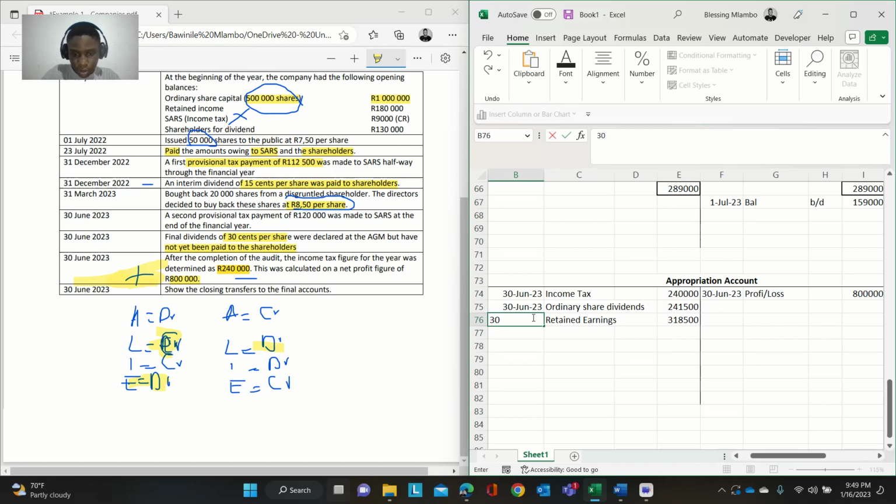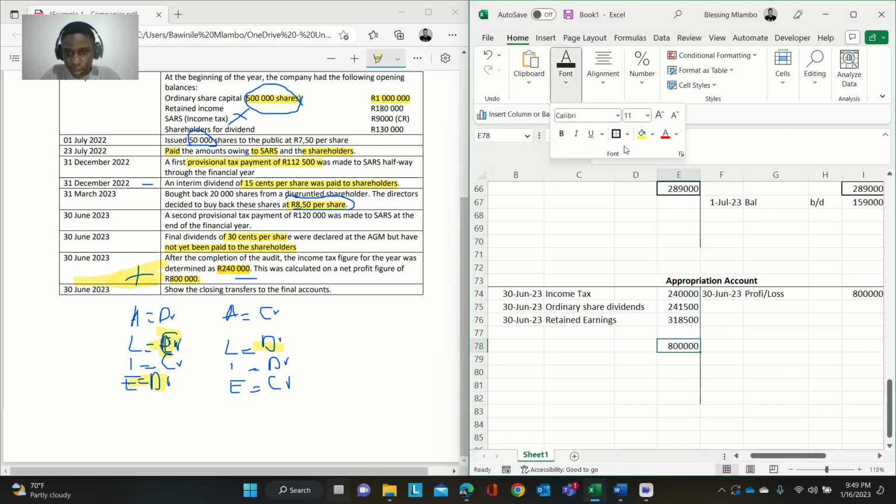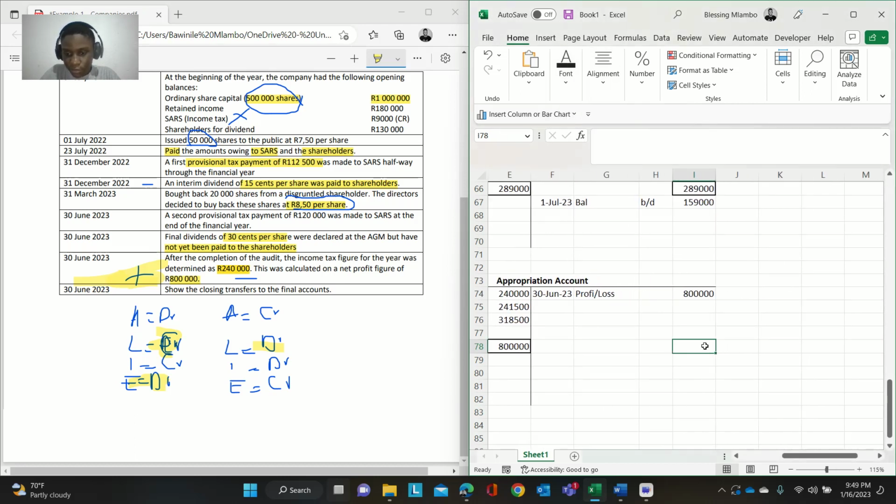So this one is the 30th of June 2023. The retained earnings balance won't have any opening or closing balance, right? You just take the profit for the year. You have the profit for the year on the credit side.